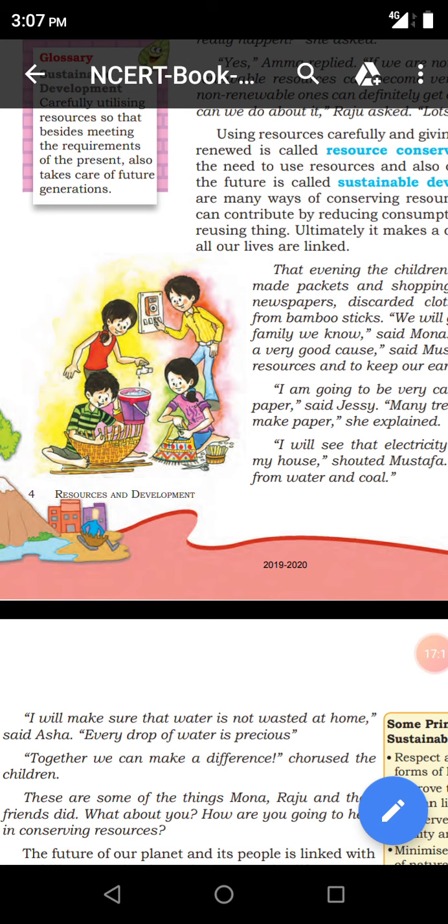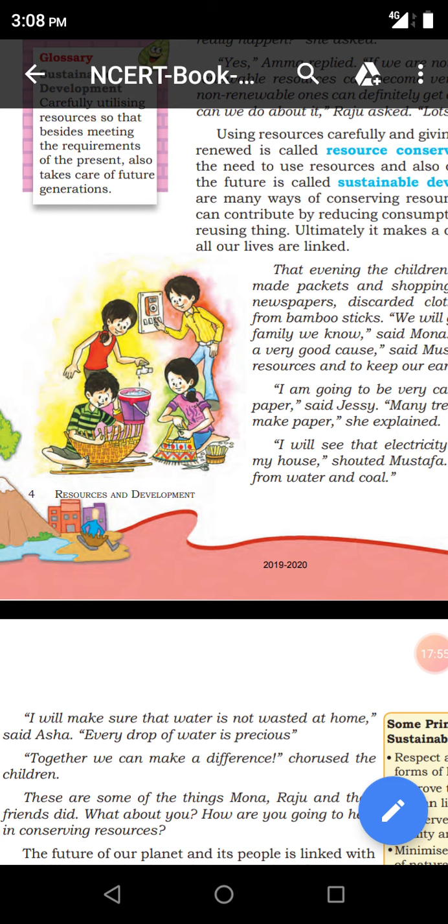On the basis of origin, a resource can be biotic or abiotic. Biotic means one that has life. Abiotic means non-living, such as soil, rock, furniture, and books. Natural resources may be classified as renewable and non-renewable. A renewable resource can be used without any risk.